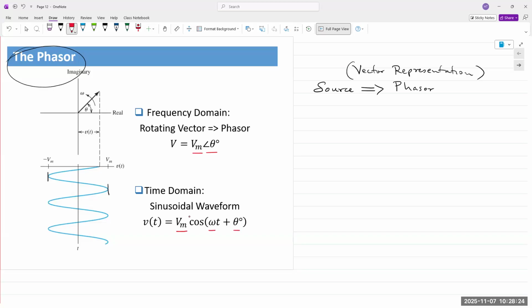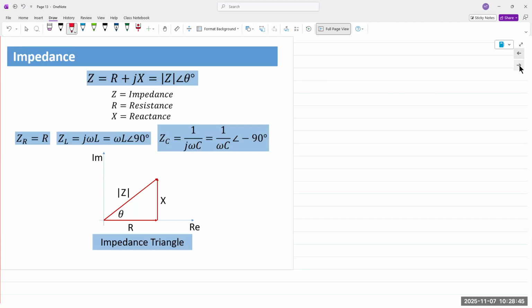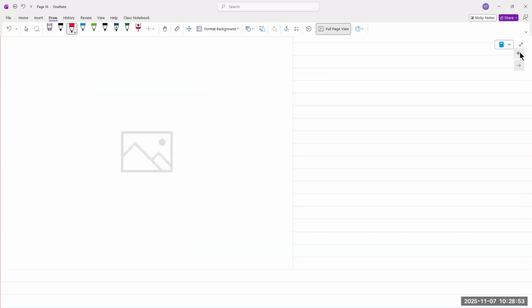That's the only purpose. In order to simplify the math, we're using complex numbers to make it less complex. So sources are represented as phasors. And when it comes to resistors, capacitors, and inductors, we represent them with impedances, so they also have a complex number representation.